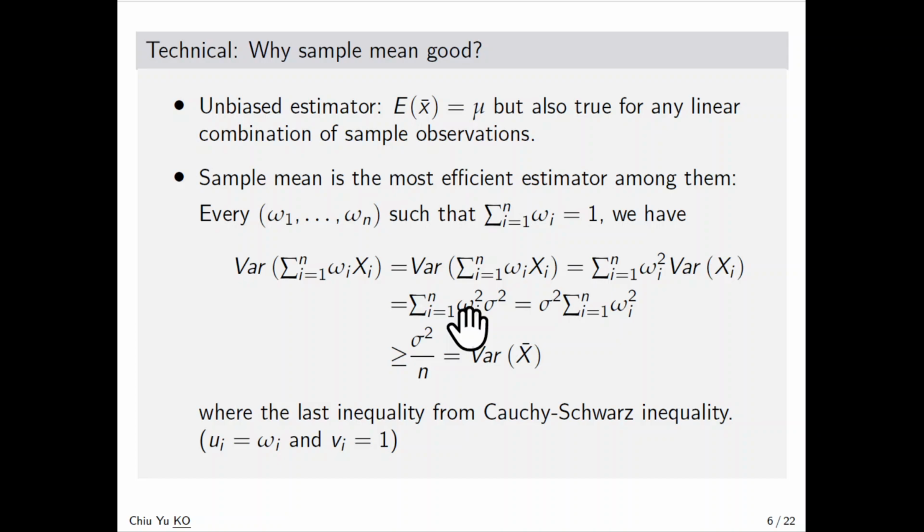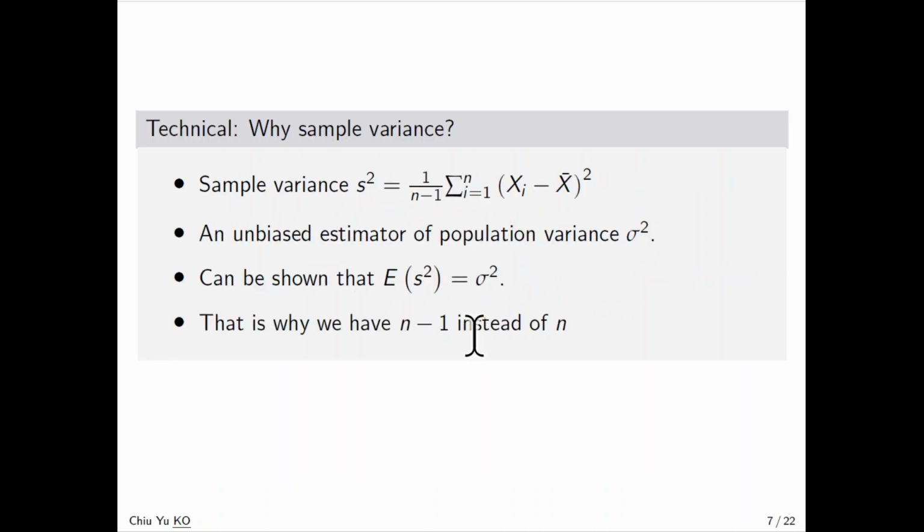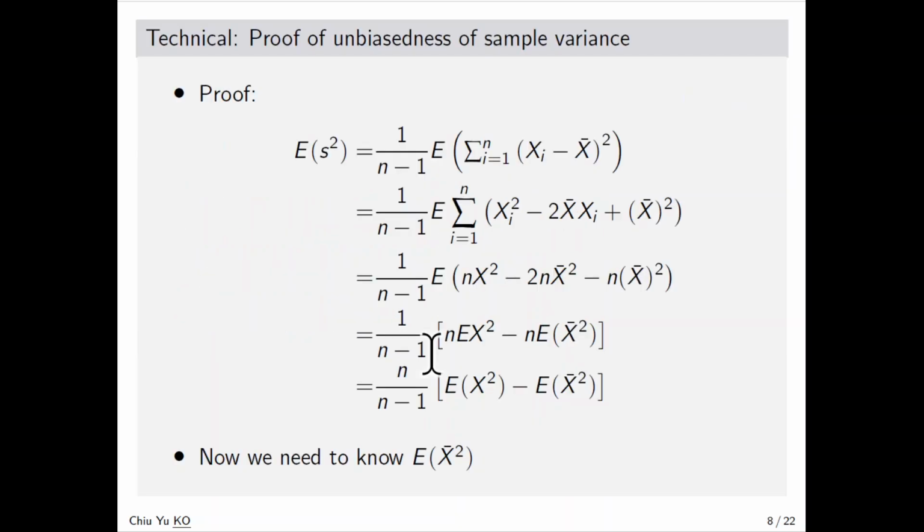So why the sample variance? The sample variance uses 1 over n minus 1 instead of 1 over n because this is an unbiased estimator. We will show that the expectation of s squared equals sigma square if you use n minus 1 instead of n. So this is how we prove it.